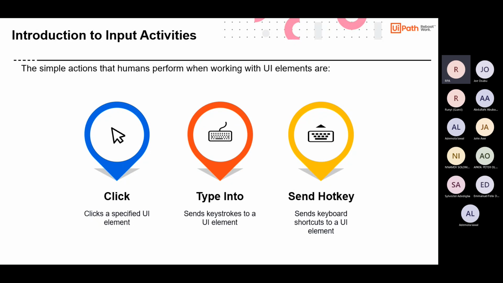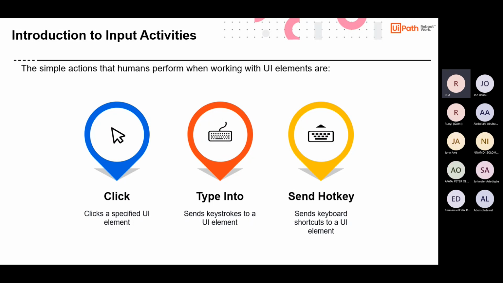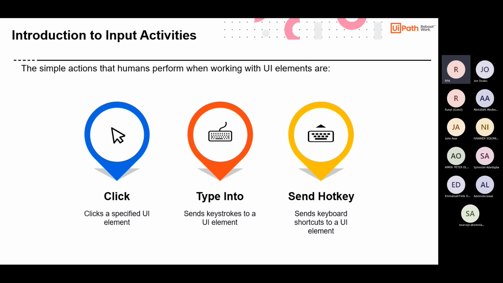Going by UiPath Studio design, we have 3 input activities. Basically we have the click, the type into, and the send hotkey. That's the coverage. Click helps to identify the specific element we want to interact with.